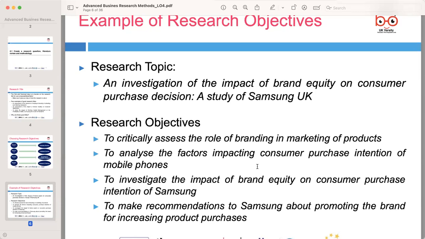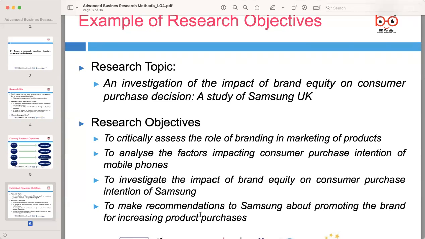Then the third one is to investigate the impact of brand equity on a consumer's intention to buy Samsung products. In this objective, we will delve into the relationship between brand equity and consumers' intention to buy Samsung products.